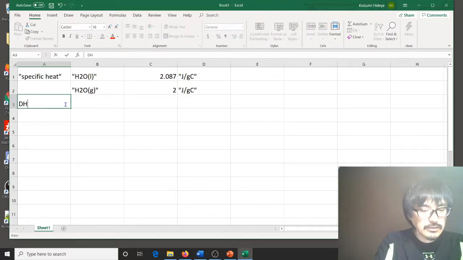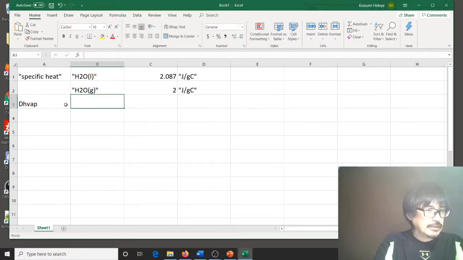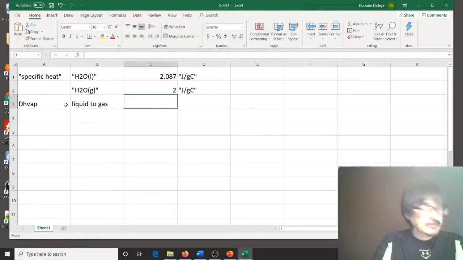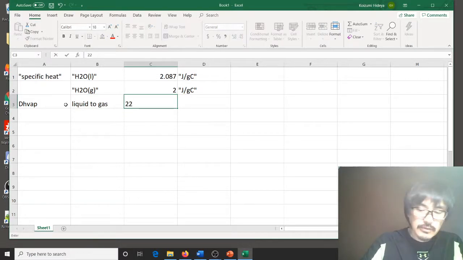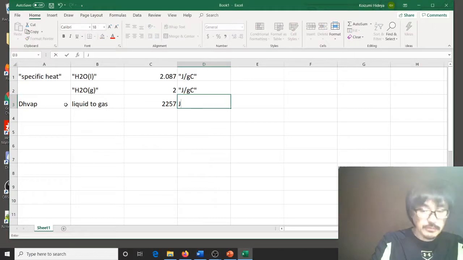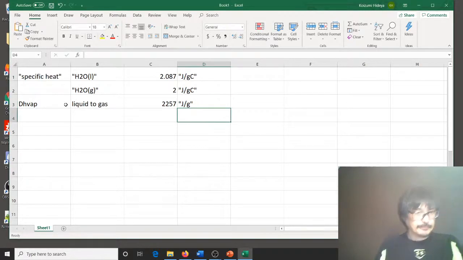Delta H of vap, enthalpy of the vaporization. That's liquid to gas. That's 2257 joule per gram. Okay, that's pretty much all I need.